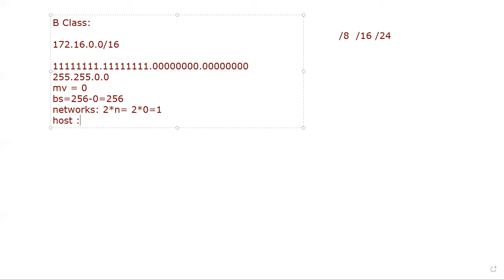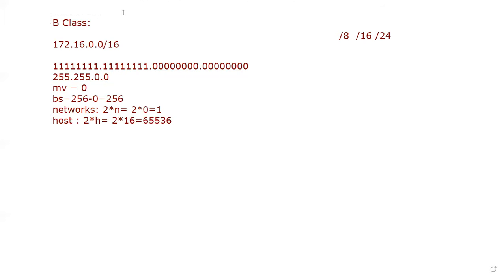But how many hosts are there? Now 16 are the fixed bits. So if zeros are 16, then you have to write 2 raised to power 16, like in B class: 65536 IP addresses can be used in this subnet mask.